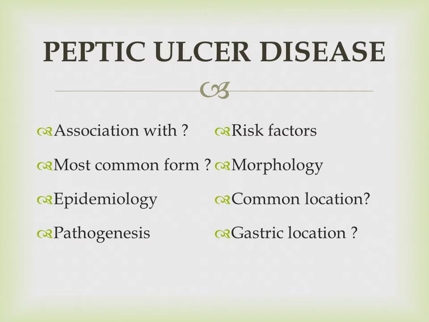While on the other hand, the ulcer seen in gastric adenocarcinoma has a heaped margin. The base is necrotic, and the margins hang over the base, almost covering it, so heaped margin.